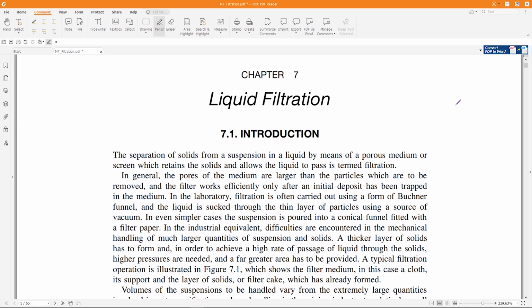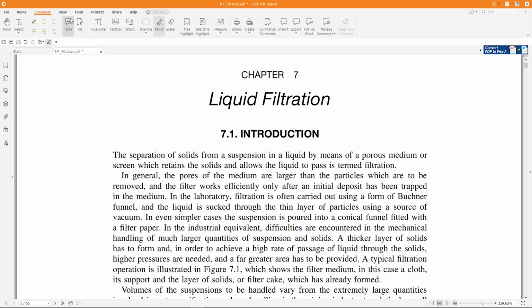So we will understand the principles behind filtration, and what are the modes available for filtration and so on.